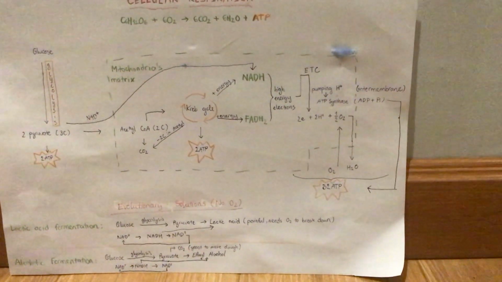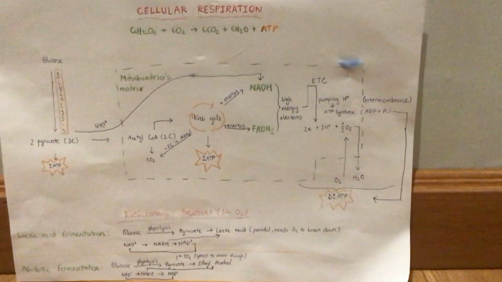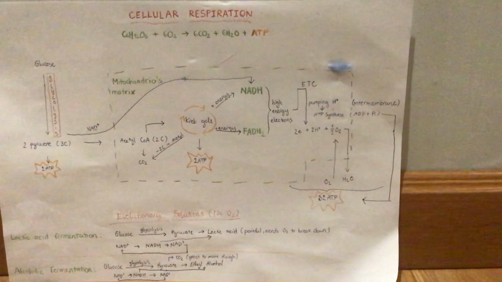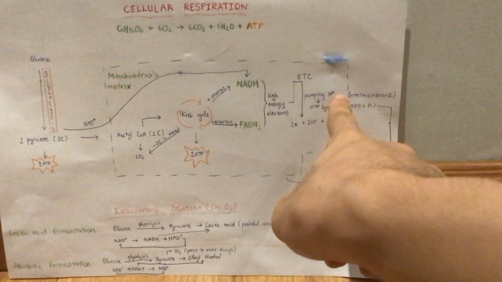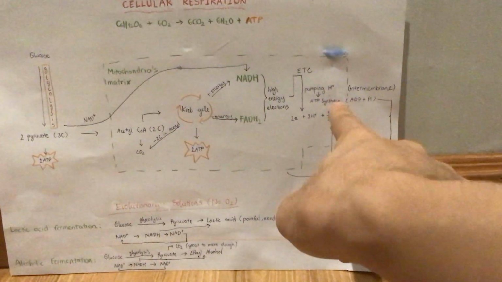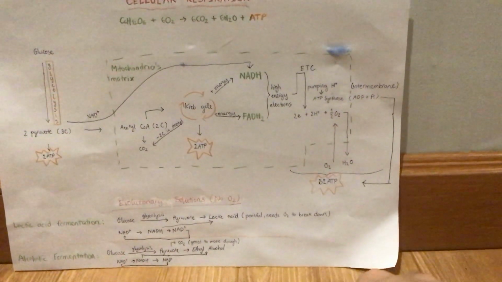They will go through a series of pumps, and through each pump they release energy, and that energy is used to pump the positive hydrogen ions out to the intermembrane space of the mitochondria.